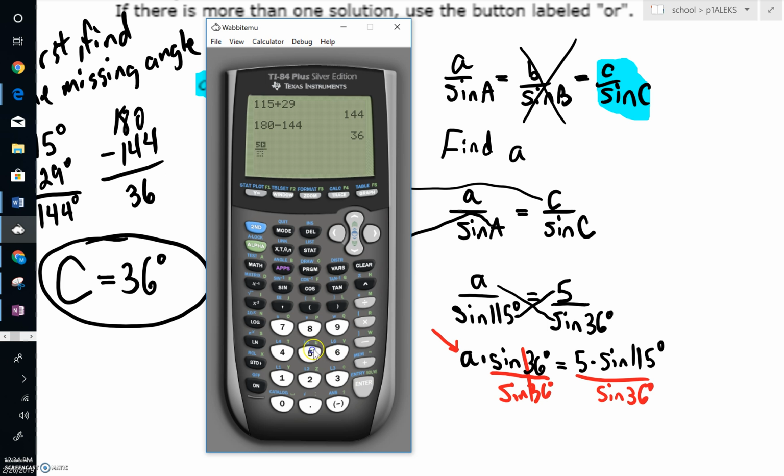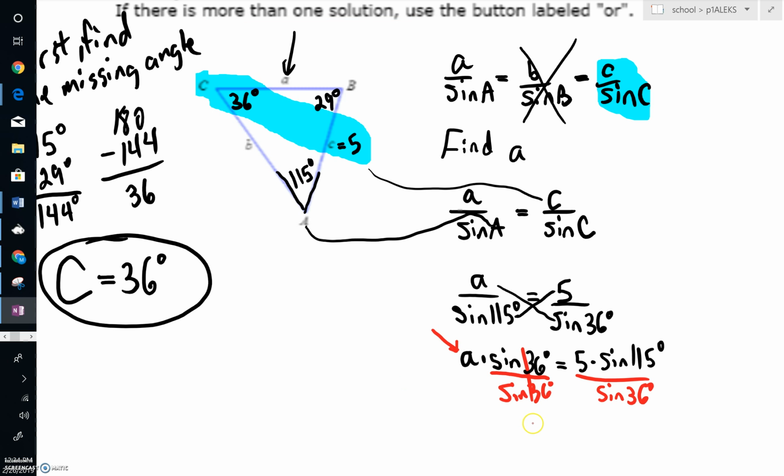And I'll have 5 times the sine of 115 degrees. I'm going to close my parentheses. Come down here and we'll do the sine of 36. We need to get this to 1 decimal, and that is 7.7. So A is equal to 7.7, and we are almost done.